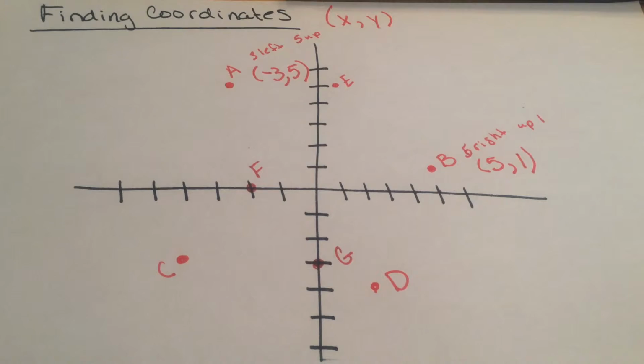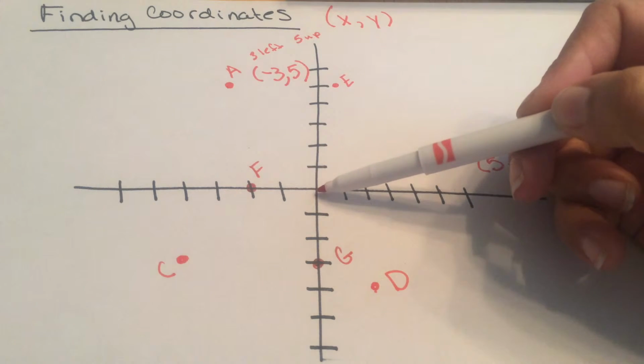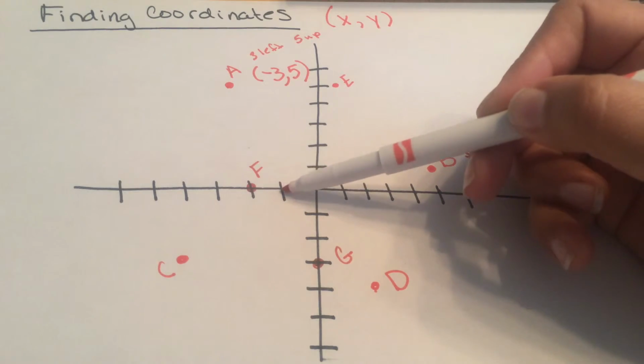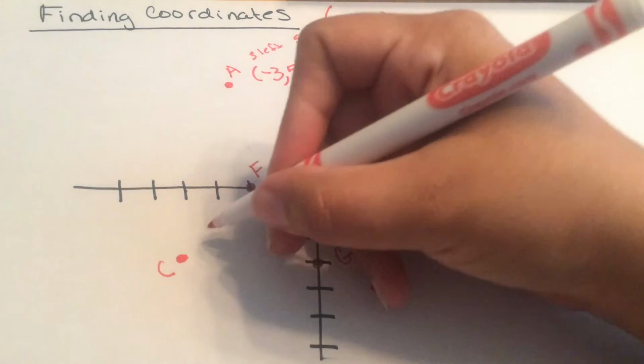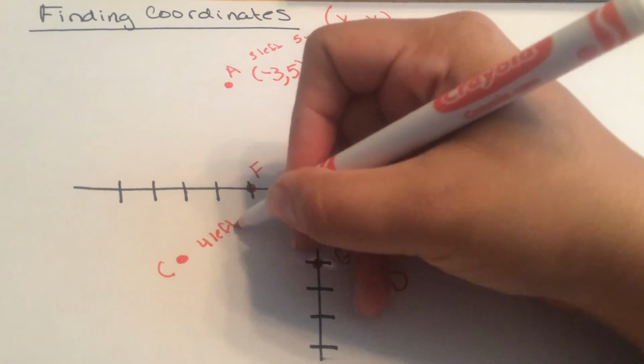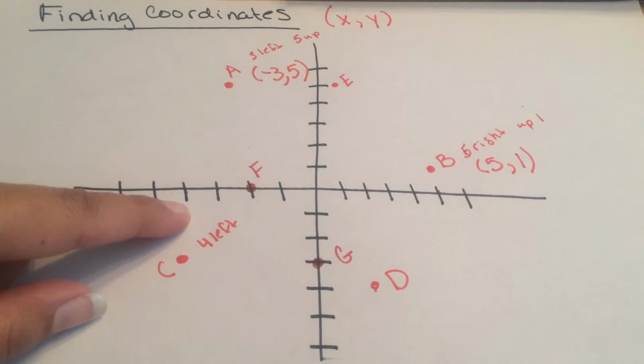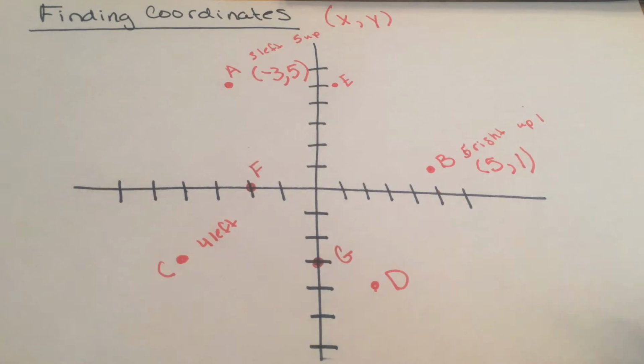Let's try point C next. If we start at our origin, this time we're moving 1, 2, 3, 4 to the left. And then we're moving 1, 2, 3 down.